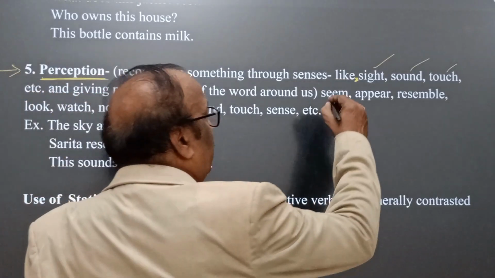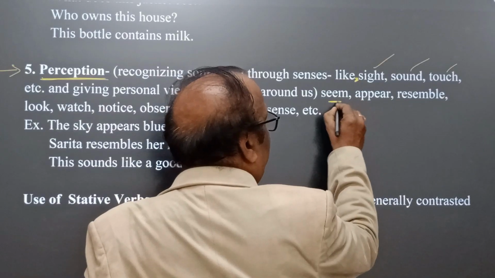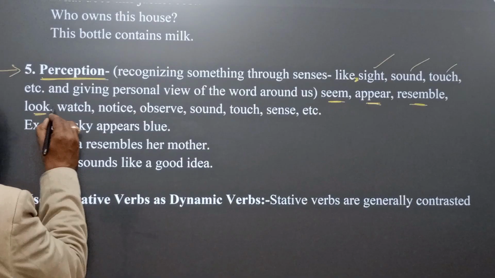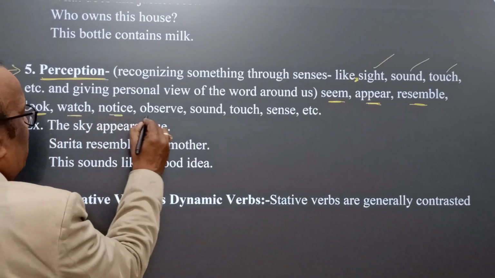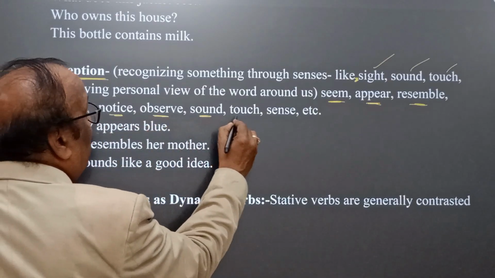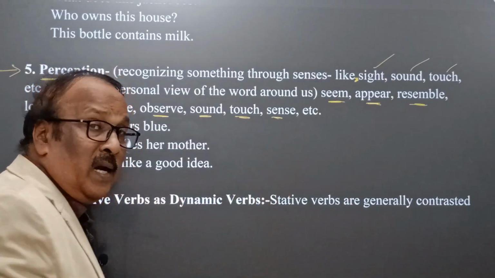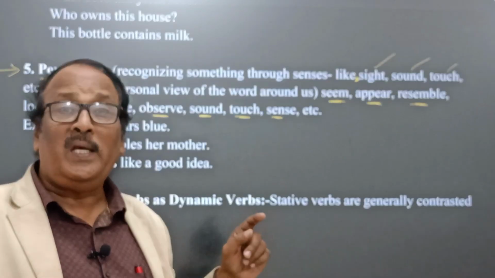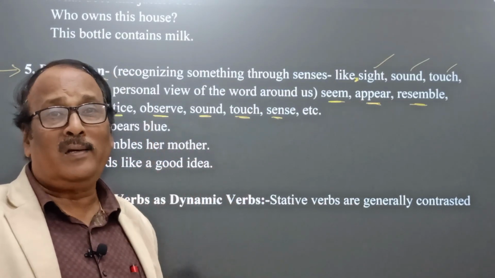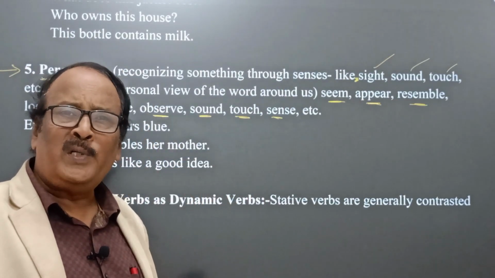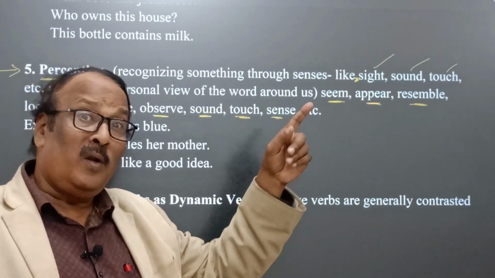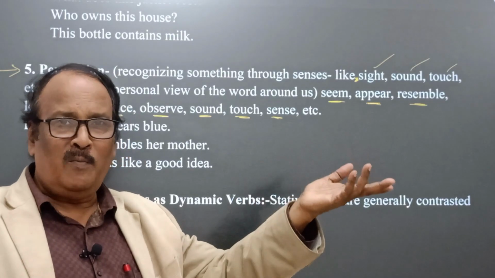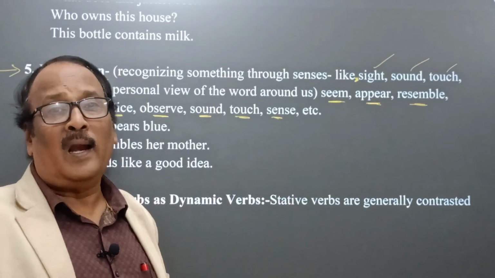In this case, we use the verbs like seem, appear, resemble, look, watch, notice, observe, sound, touch, sense, etc. Remember, this is also another very interesting and important aspect of present progressive. If we don't know, definitely we will commit a lot of mistakes at the time of speaking and writing.